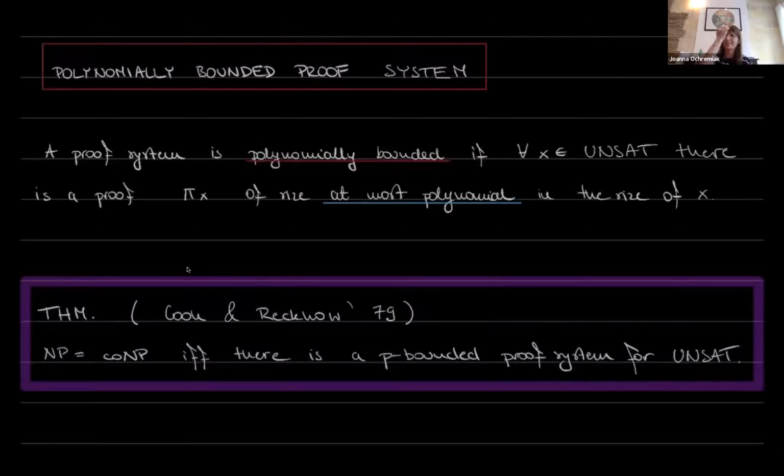This is sometimes called the Cook and Reckhow program. They proposed to approach the question of NP not equal to co-NP by showing that there is no polynomially bounded proof system for unsatisfiable propositional formulas.